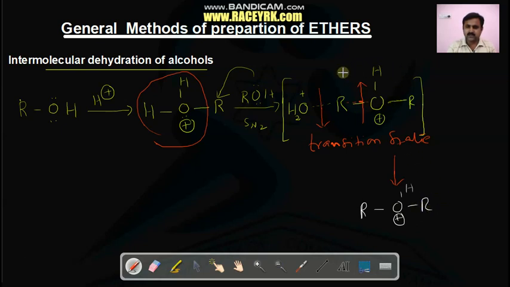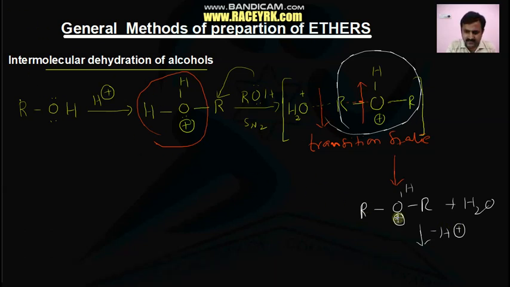This part is going to be separated out, and water will be separated out. So elimination of water takes place, which is followed by the removal of a proton in another step, which we'll call the third step. In this we will get the ether, that is ROR. So in that way, if this alcohol undergoes the SN2 reaction, meaning a primary alcohol, then this is the way of getting the ether.